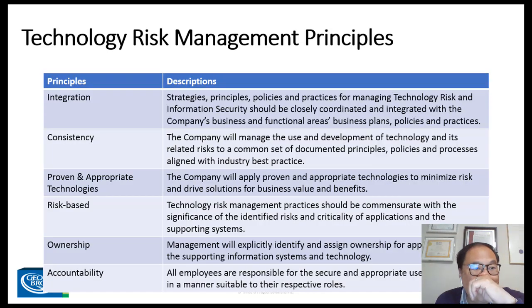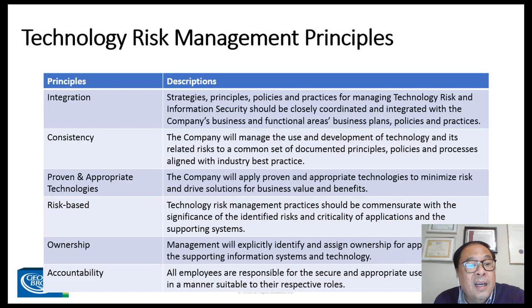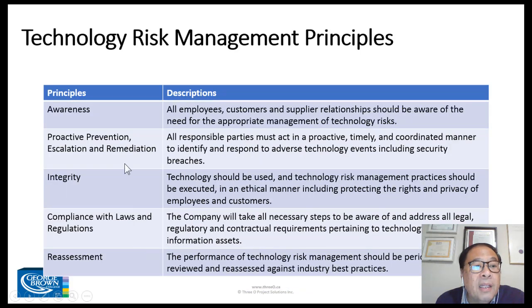Okay, and also from a technology risk management principle, there are 11. I think I thought it was 12. 11 technology risk management principles, and they are in the areas of integration, consistency, proven appropriate technology, risk-based ownership, accountability, awareness, proactive prevention, escalation, mediation, integrity, compliance with law and regulation, and reassessment.